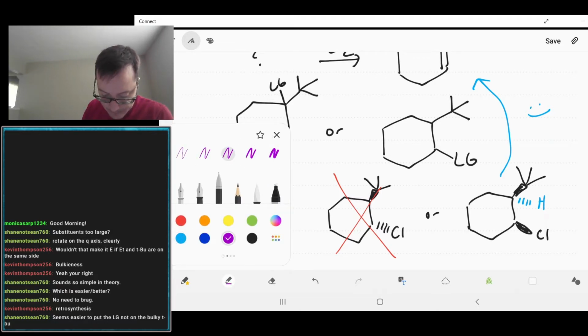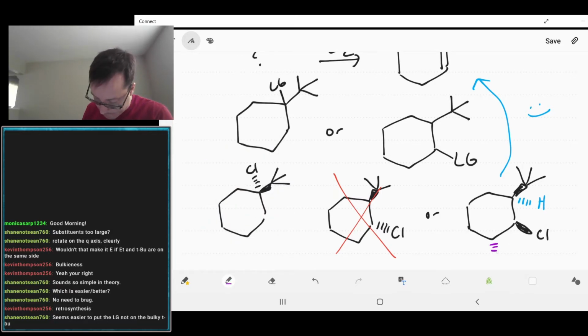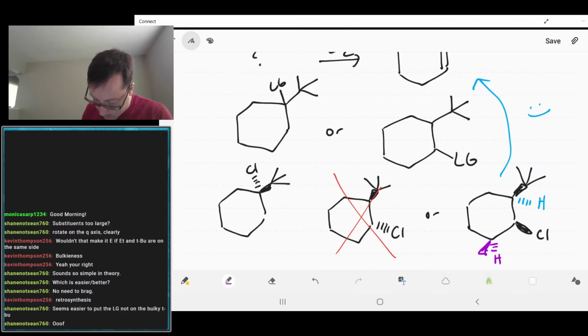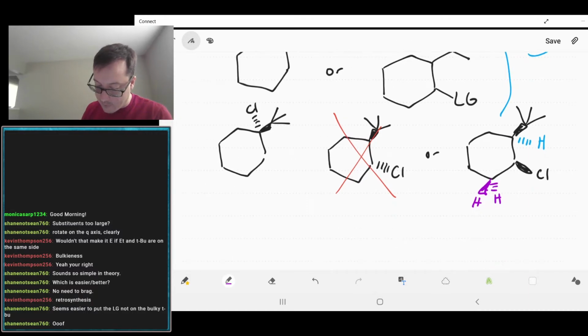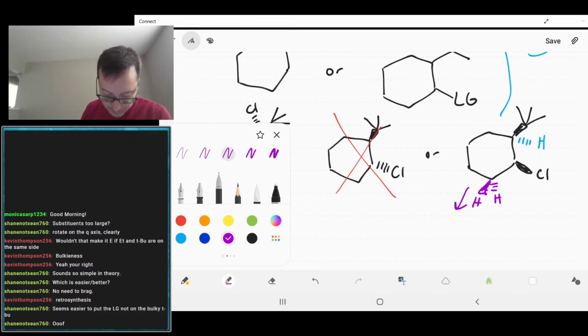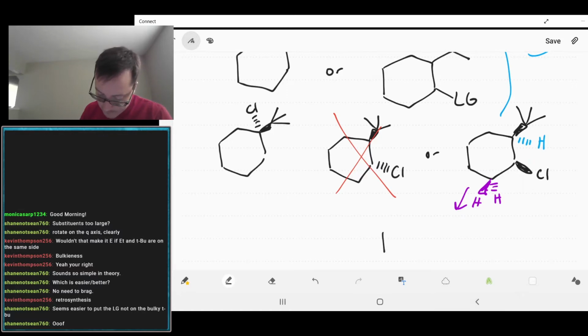Uh-oh. It also has some hydrogens down here. Oof, indeed. And if we eliminate, we end up getting a different product. I guess that's still on a wedge or whatever, but we could end up with a different product if we eliminate the purple hydrogens instead.